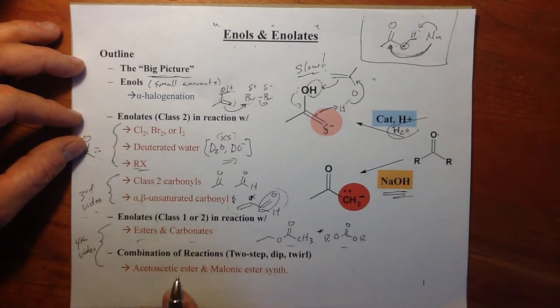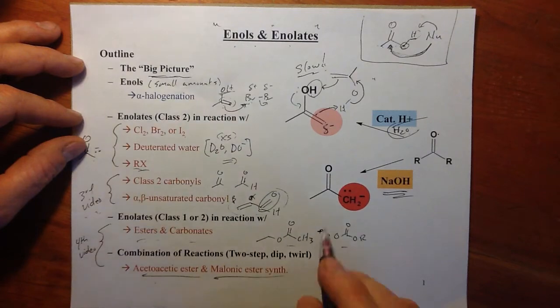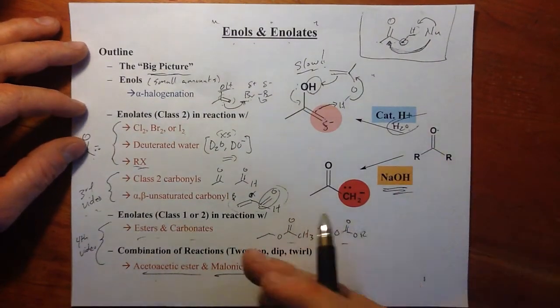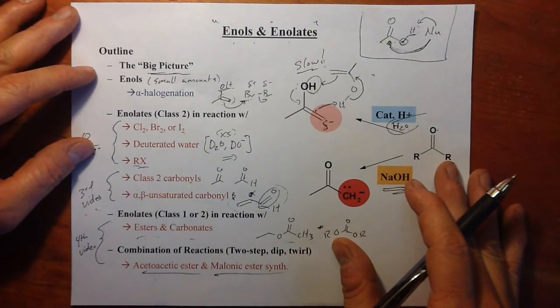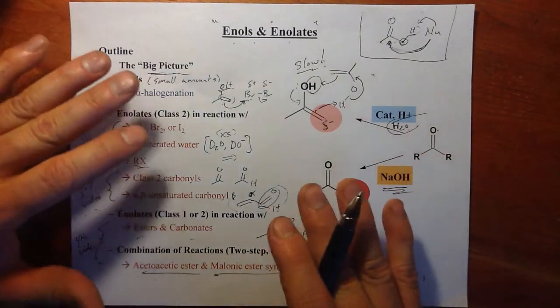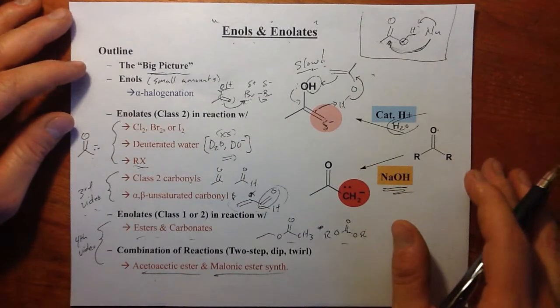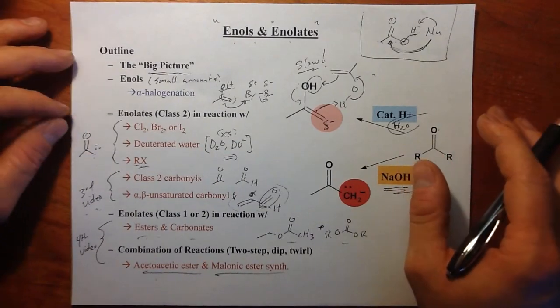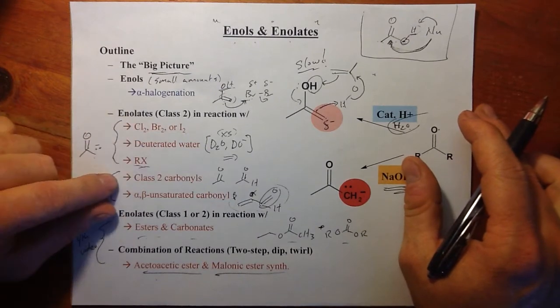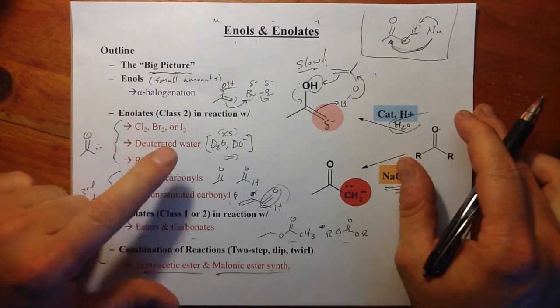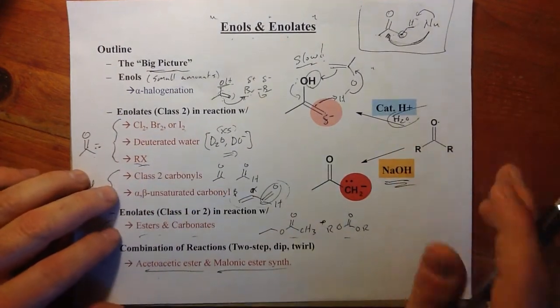And then finish up with some discussion of acetoacetic ester synthesis and malonic ester synthesis, which is just a combination of reactions we'll have learned by that time. So a lot to cover in the 3 videos that remain. In this second one, I just want to focus on attack of Cl2, Br2, I2, and alkyl halides. We'll be skipping the discussion of attack of deuterated water.